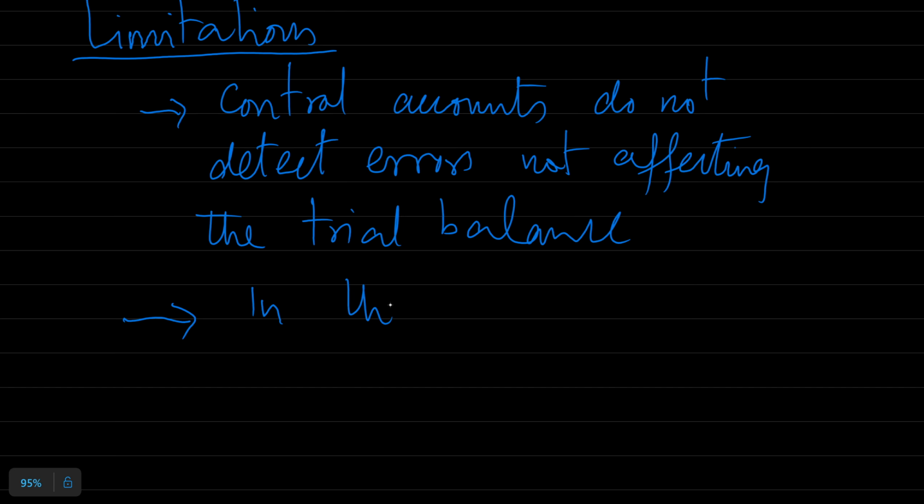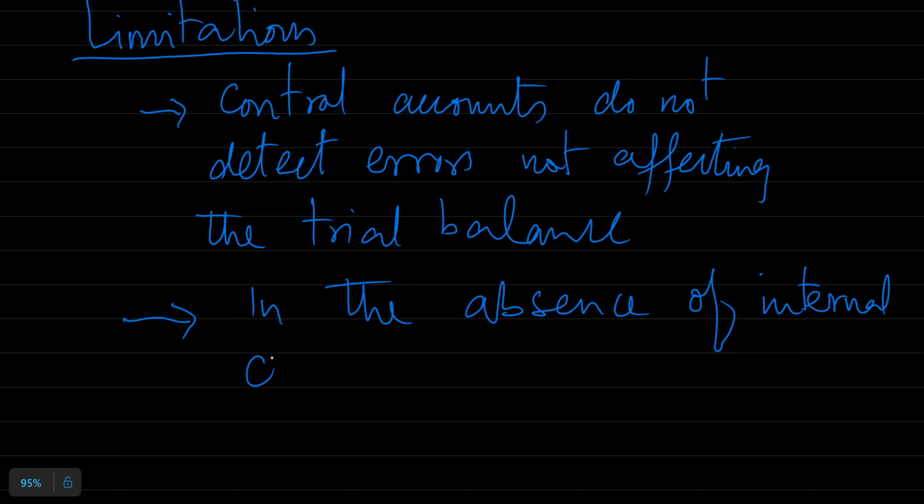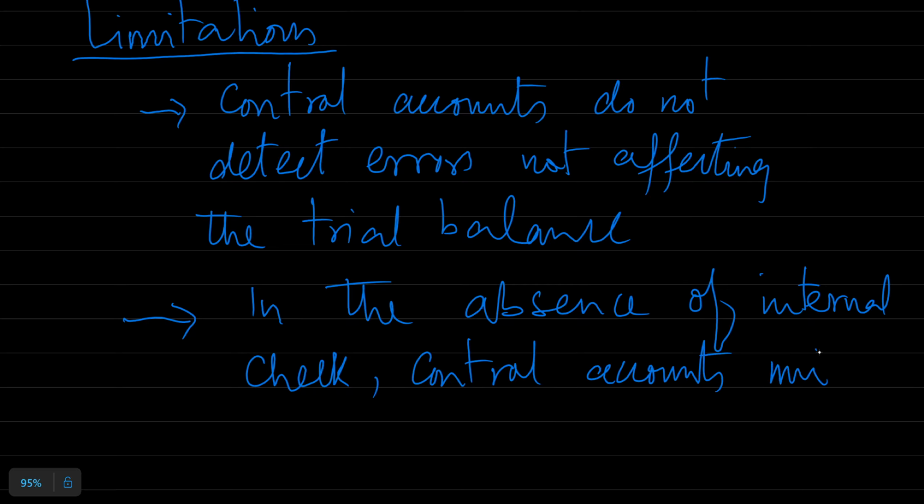Number two, in the absence of internal check, control accounts might not be useful.